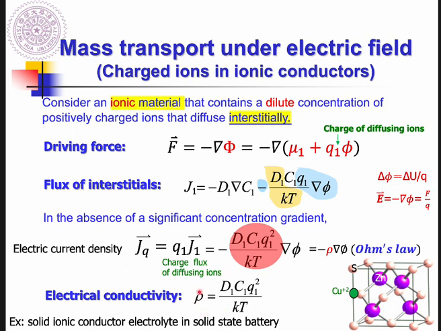Based on all this, I can get the electrical conductivity of these materials. In the meantime, I also have a chance to increase the conductivity of my ionic materials for applications, allowing them to be used as a conductive electrolyte in solid state batteries.